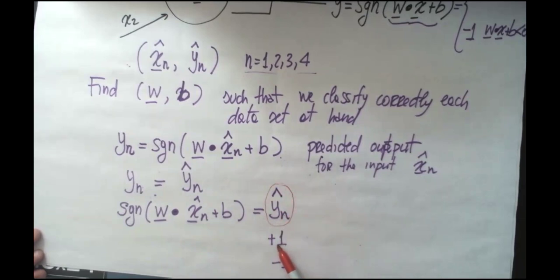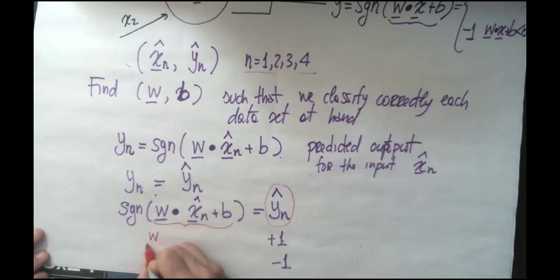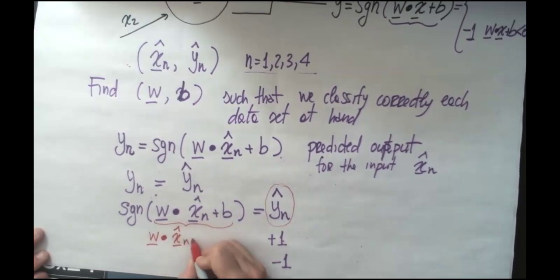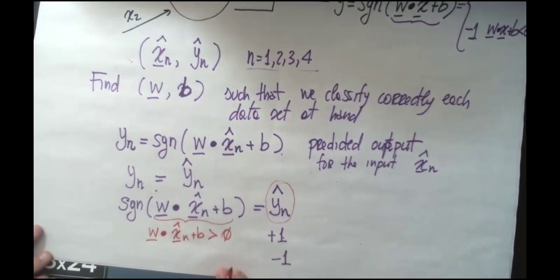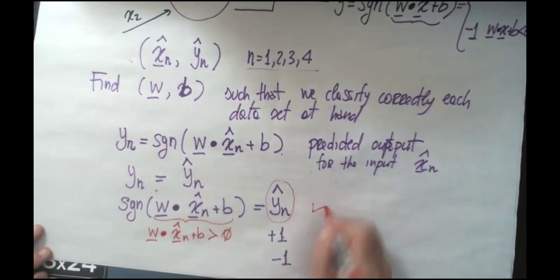If the label that we have from the data is equal to +1, in order to satisfy this equality, we need the argument inside to be greater than 0. And then this will be satisfied.